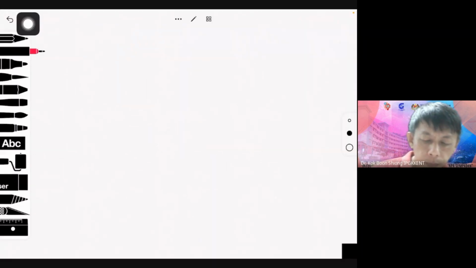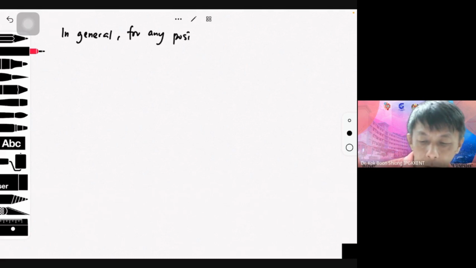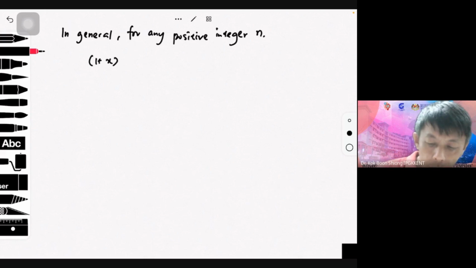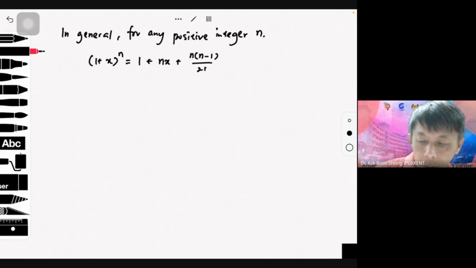So in general, for any positive integer n, (1 plus x) to the power of n will be equal to 1 plus nx plus n times (n minus 1) over 2 factorial x squared, and so on to the last term.